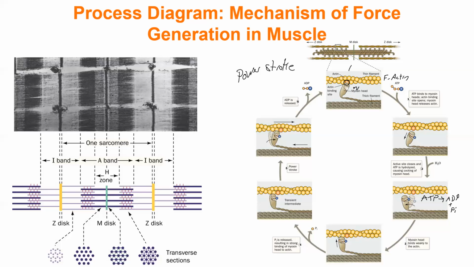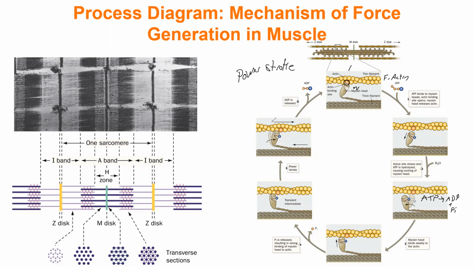Once we are bound, our phosphate is removed and we bind even stronger. So beforehand, we were binding only weakly. Phosphate leaves the myosin head group. Now we bind even stronger. And once that phosphate is gone, we do the power stroke. We go back to our original position.